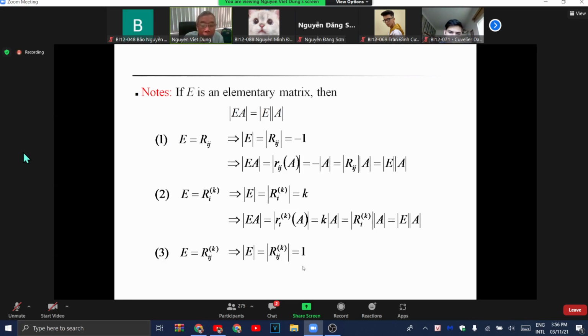And for the last one, the determinant of E will be 1, and because of that you will see nothing. The key point here is your homework number 1, saying that if we take the elementary matrix E multiplied by A, it equals applying the corresponding row operation on the matrix A, and then everything is clear for you.